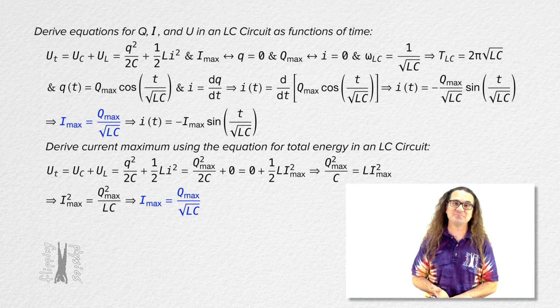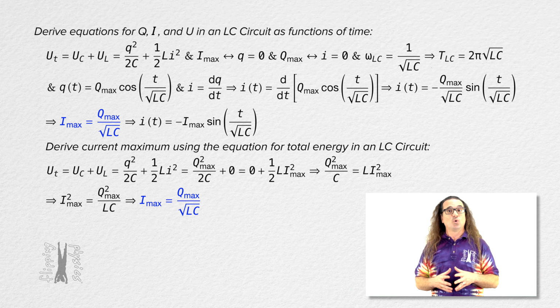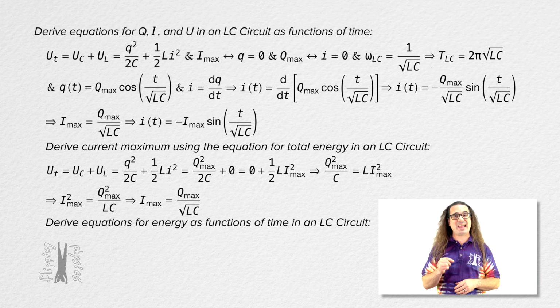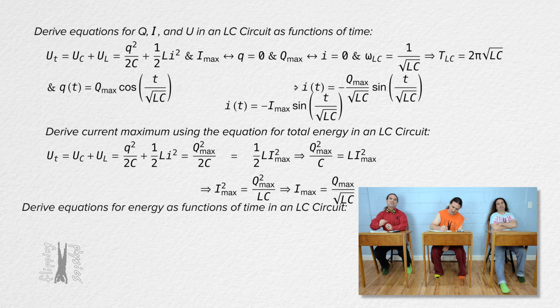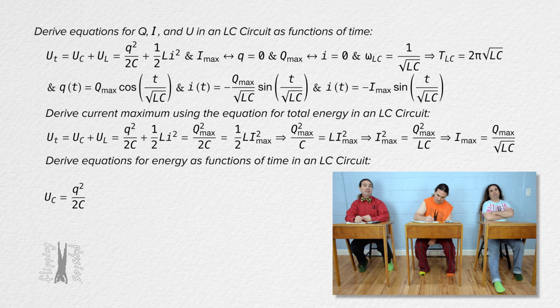Cool. Nice. Now, we can also determine equations for energy as functions of time in this inductor-capacitor circuit. Billy, please determine that for the capacitor, Bobby for the inductor, and Bo for the total LC circuit. Absolutely. The energy stored in the electric field of the capacitor equals charge squared divided by 2 times capacitance.